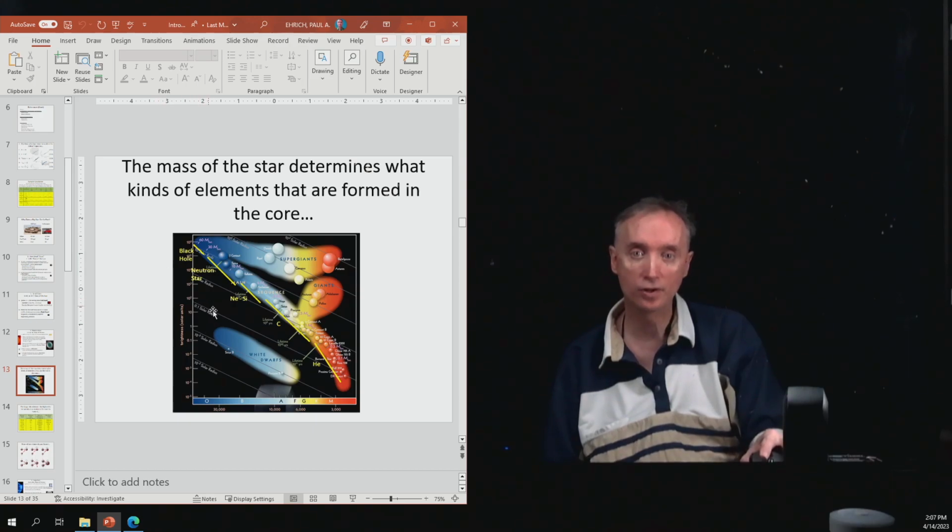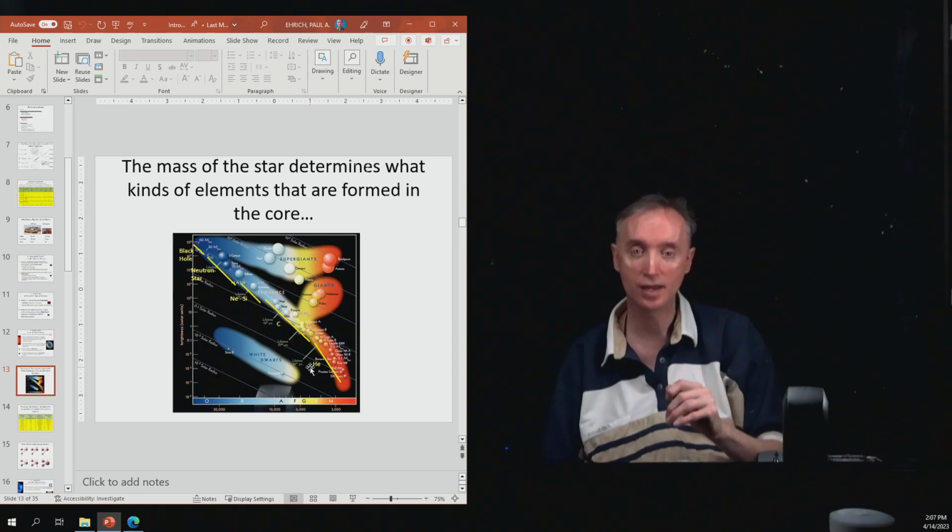You could also look at the radius. The radius is shown by the diagonals on this, and again, you will notice it has the same trend as those formulas do. So by having a good understanding of the HR diagram, you really have a good understanding of how these stars behave.